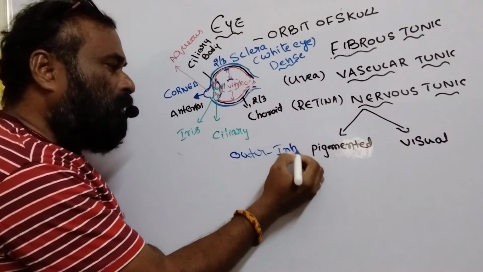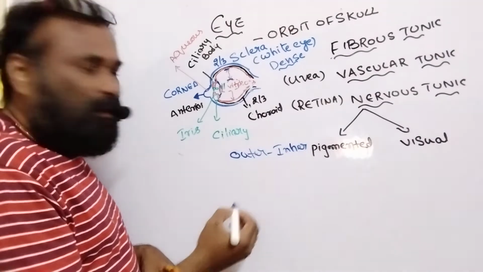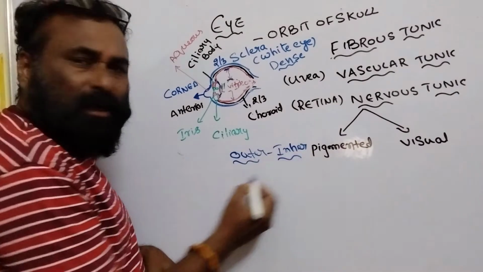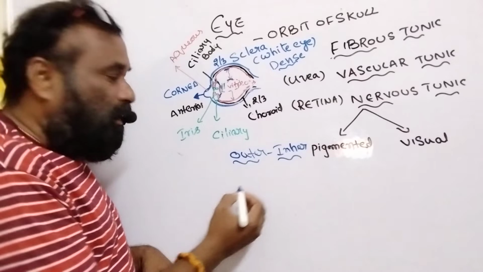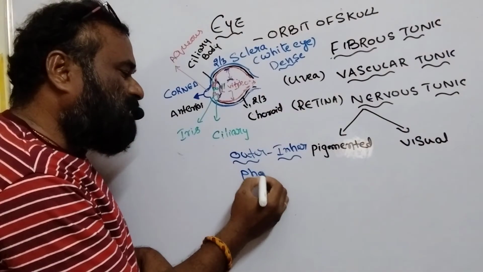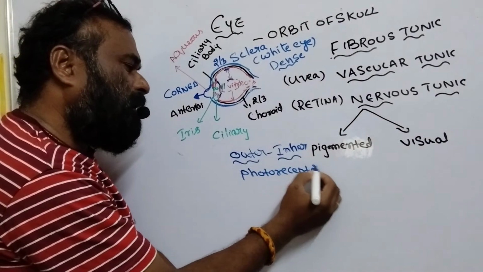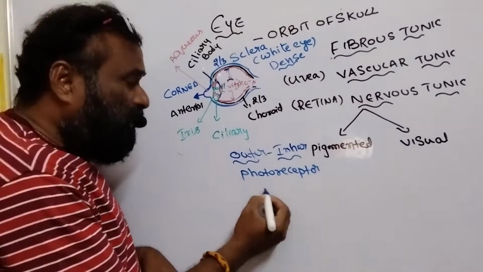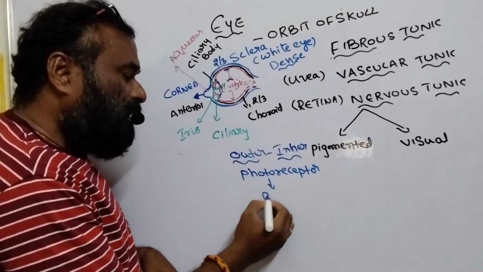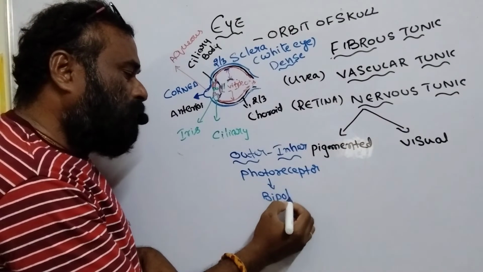In between outer and inner, there are sequentially arranged cells. One is the photoreceptor layer. Beneath that photoreceptor layer, there is a bipolar nervous layer.